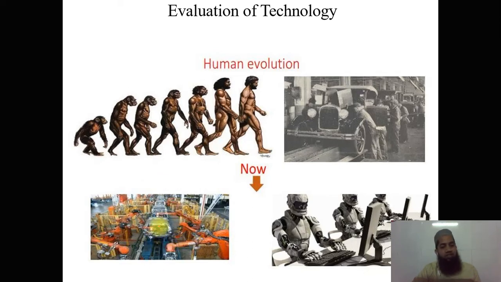Many automobile companies like Bolero, Mahindra, and others are using robots so that they can meet the demand of the market, because they have to deliver cars as per the market requirement.